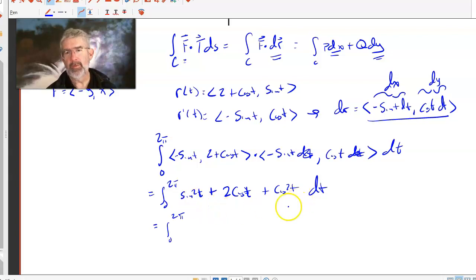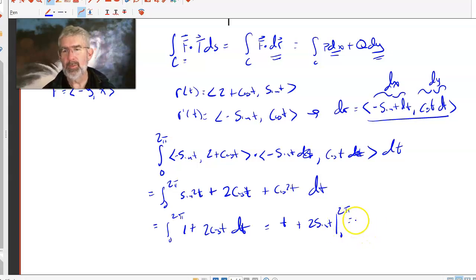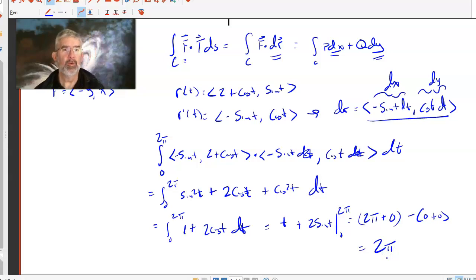Sine squared t plus cosine squared t is 1, so I'm integrating 1 plus 2 cos t dt from 0 to 2 pi, which would be t plus 2 sine t, evaluated between 0 and 2 pi, which would be 2 pi plus sine of 2 pi is 0, minus what I get when I plug a 0 in, which would be 0 plus 0, for a grand total of 2 pi. So that line integral was 2 pi.